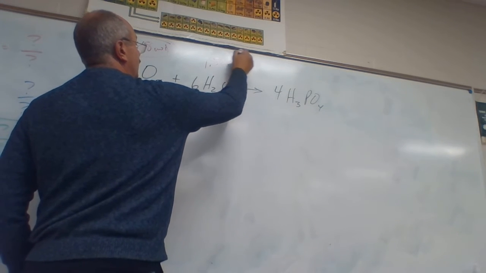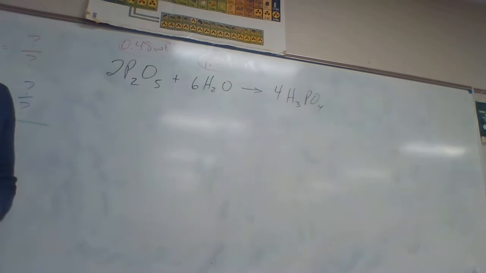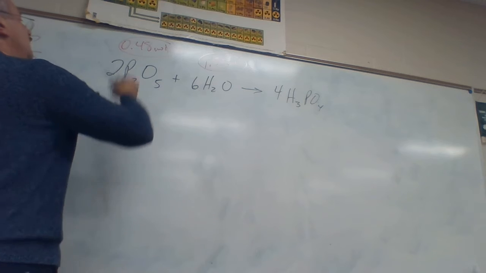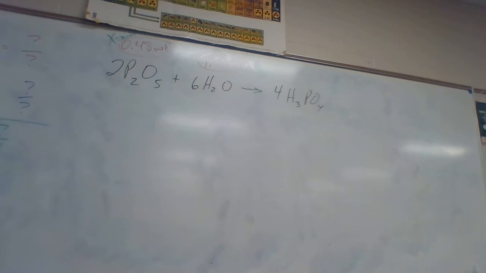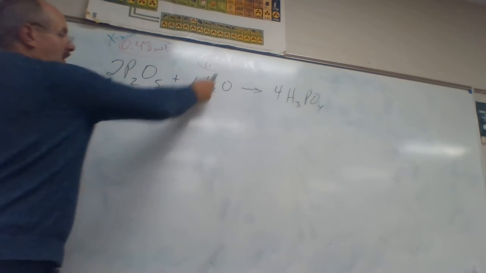All right, so from there what we're going to do is we've got to choose one of them. So let's choose this guy this time. We're going to choose the first one as our X, so that means we're going to use our bigger number.